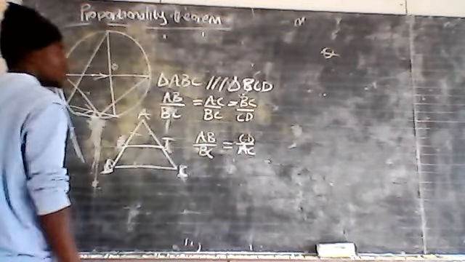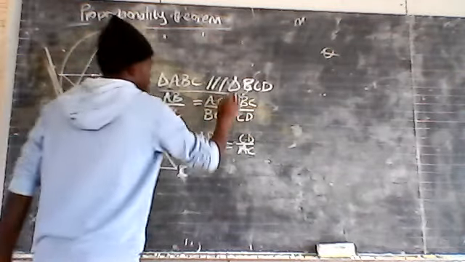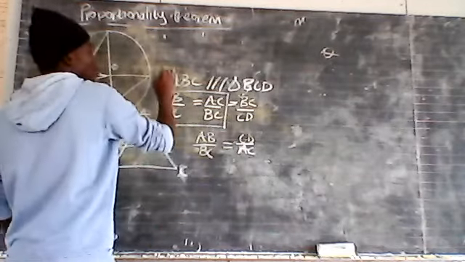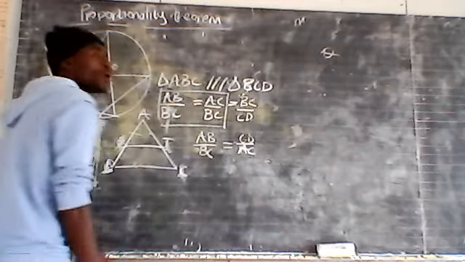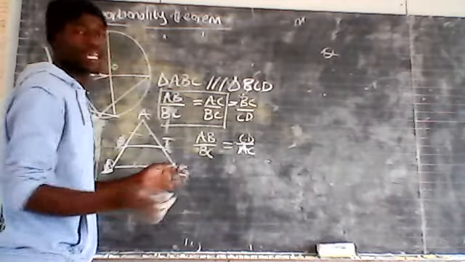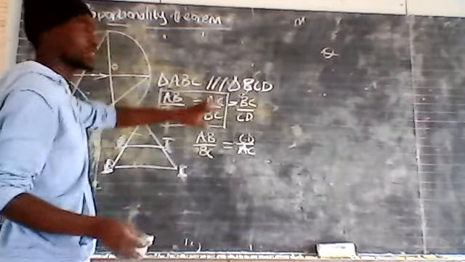So you are having two expressions. This expression is from when you proved that triangle ABC was similar to another triangle. So you got this expression.